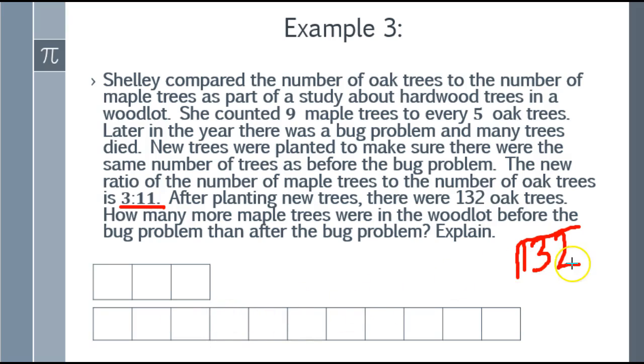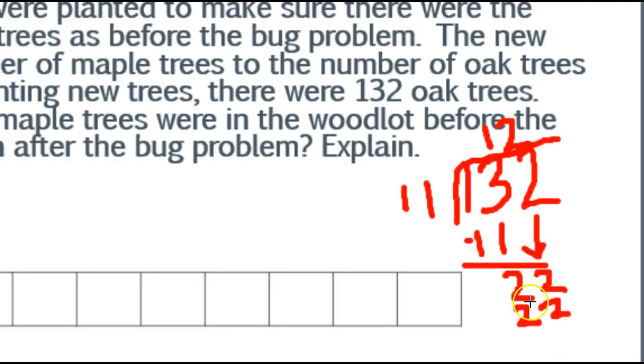So I can take 132 and divide it by 11, my number for the oak trees. 11 into 13 goes one time. 1 times 11 is 11. I subtract and bring down my 2. 11 into 22 goes 2 times. 2 times 11 is 22. So I'm finished.